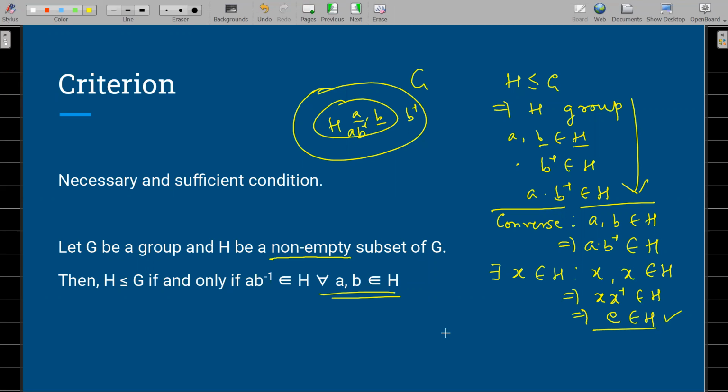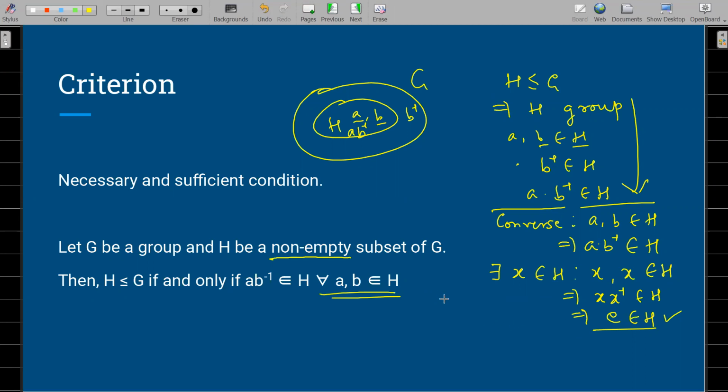Now I'll talk of inverse. So inverse exists already, right? Okay, so E belongs to H. Fine.